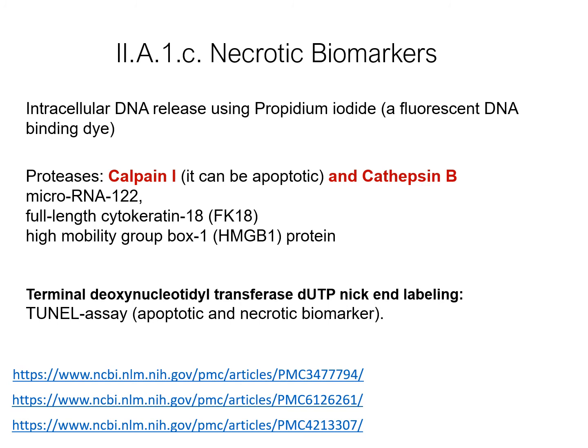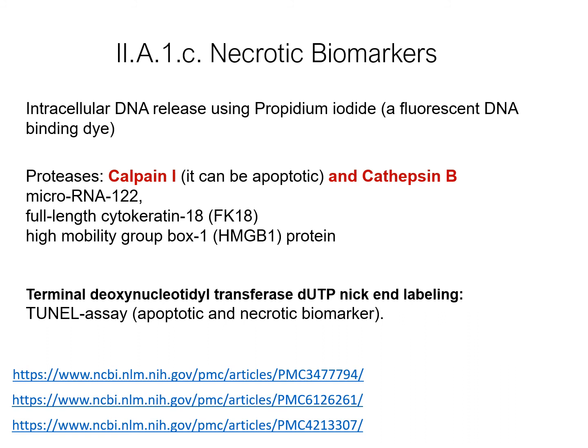However, you have to be careful when using calpain exclusively as a necrotic biomarker, because it can also be activated during apoptosis. Then cathepsin B protease activation is also a necrotic biomarker.